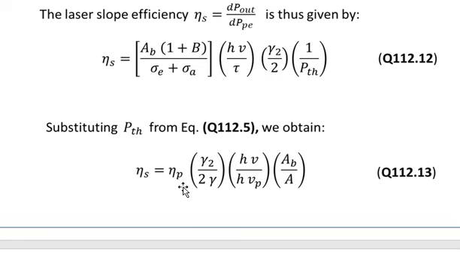So eta S is equal to eta P, where eta P is the pump efficiency, and then the rest of the terms are the same, rearranged a bit. For example, this is gamma 2 over 2 times gamma, then we have h nu over h nu P, and then we have AB over A. So these are the four terms, eta P times this parenthesis times this parenthesis times this parenthesis, and this is the slope efficiency eta S on the left-hand side of equation number 13.